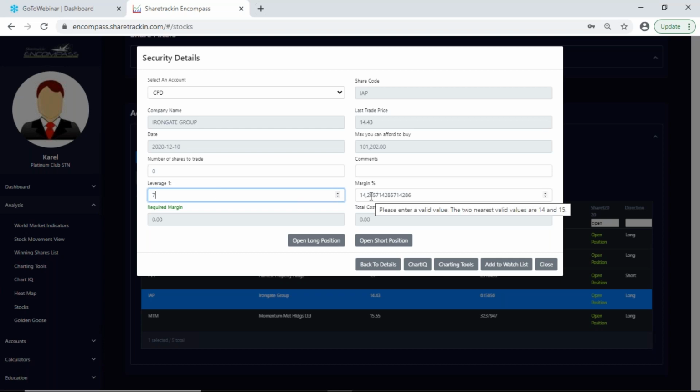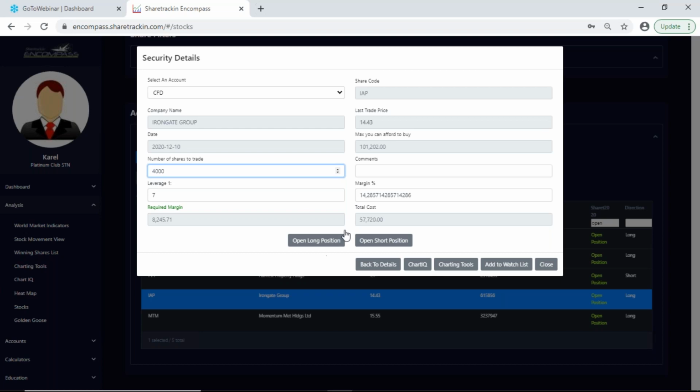Automatically, it will recalculate your margin. In other words, your margin would be that of the total cost, you are going to pay 14.29%, rounding that big number off. So now I can go and say, okay, if I go and buy 4,000 shares, I could see that this is quite a lot.